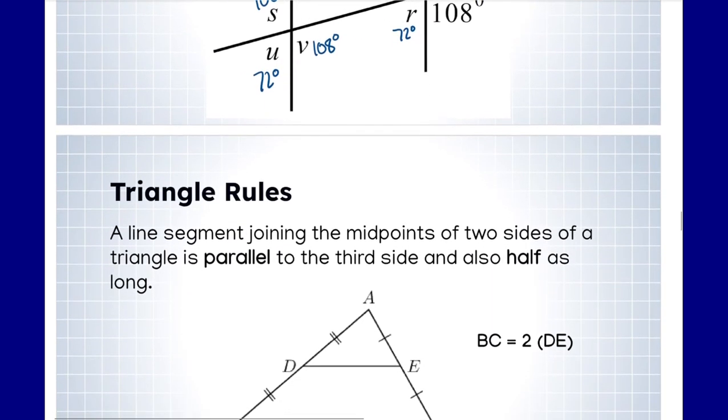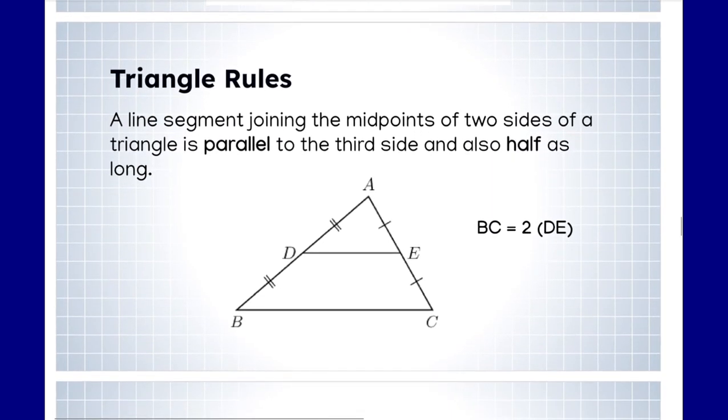Moving on from straight lines, we're going to look at some triangle rules. A line segment that joins the midpoints of two sides of a triangle. If D and E are our midpoints, they split the two side lengths in half. This line is parallel to the base, BC.